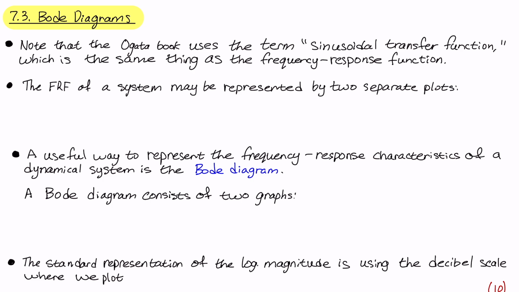All right, so the FRF of a system may be represented by 2 separate plots. First is the plot of the magnitude versus frequency, or the amplitude versus frequency.